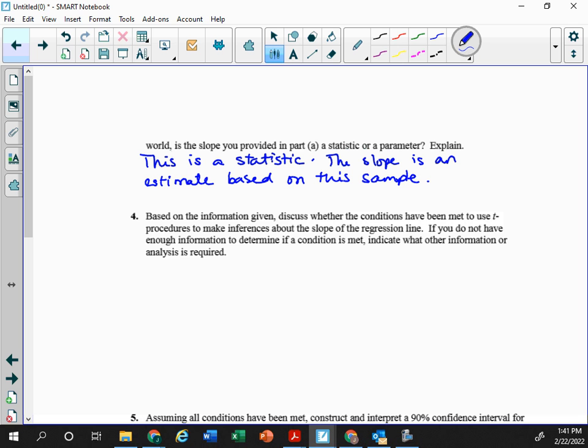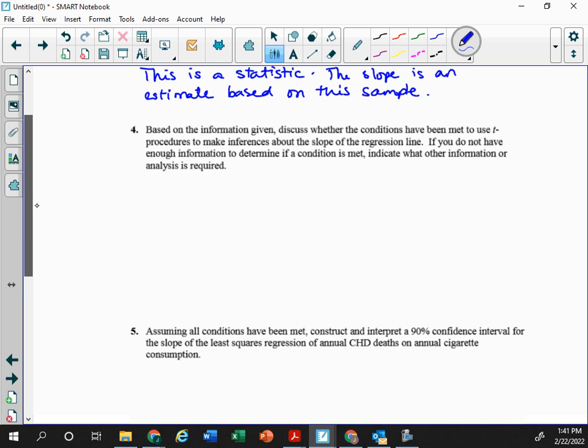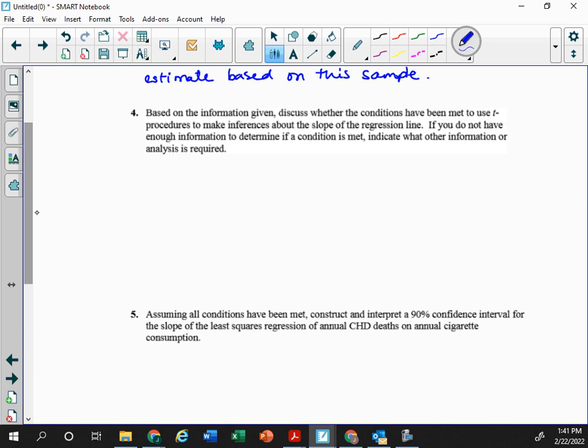All right, so part 4 here, based on the information given, discuss whether conditions have been met to use T procedures to make inferences about the slope of a regression line. Okay, so now we're clearly into the Unit 9 stuff. We didn't talk about T procedures in Unit 8 at all. So in the notes, I went over LINER, L-I-N-E-R, those are your conditions that you have to check.